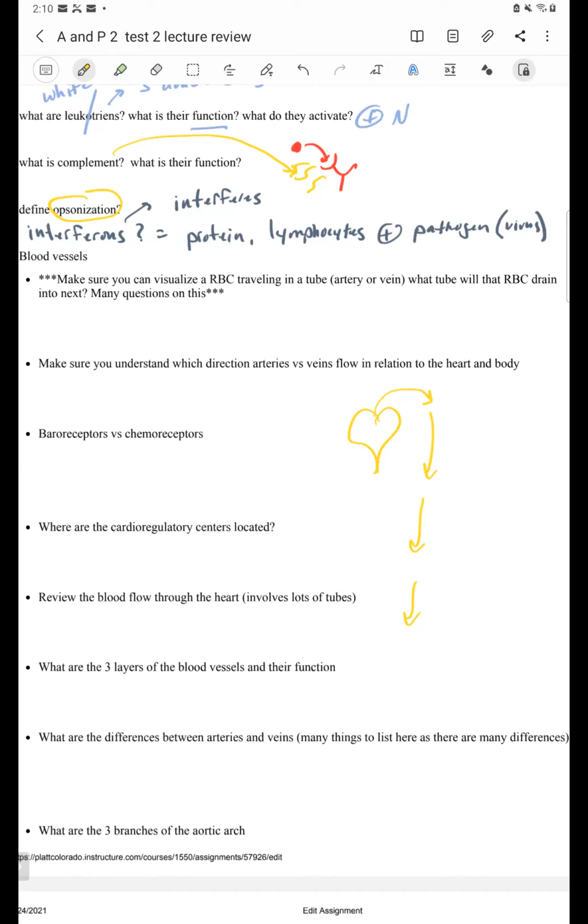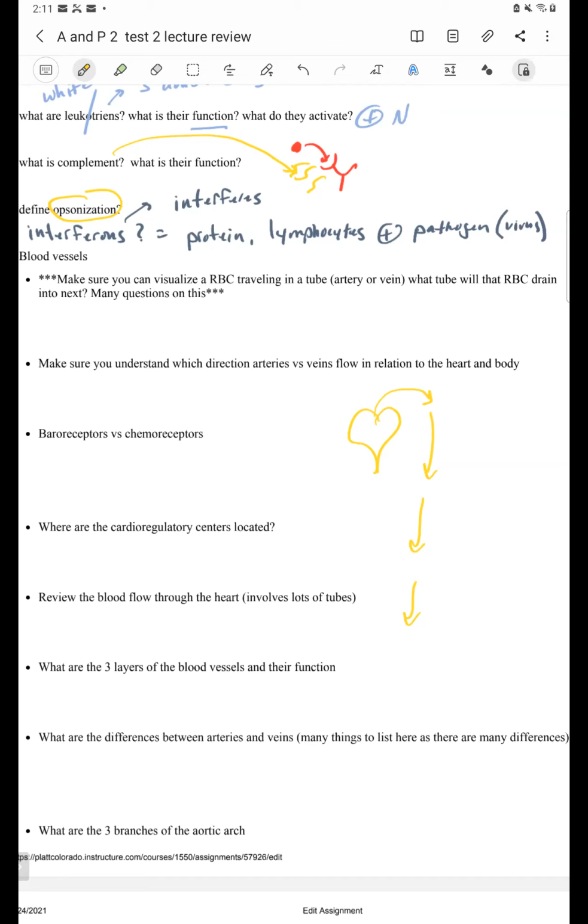Now, granted, there's millions of red blood cells in just one tiny little area. I'm just saying it that way so you can visualize what this looks like as you're traveling from point A to point B. Okay, but that one is kind of hard to review per se, because it's raw memorization.